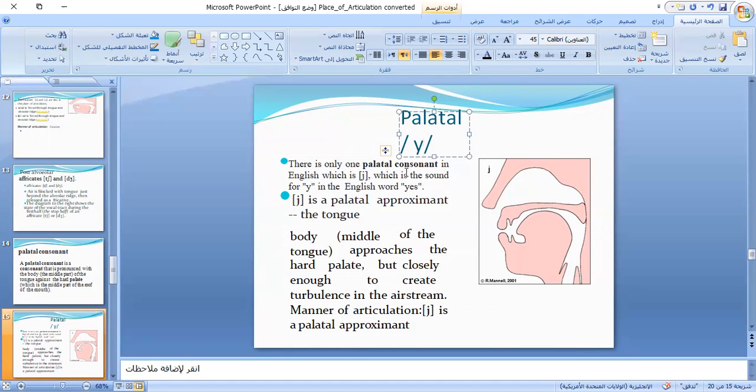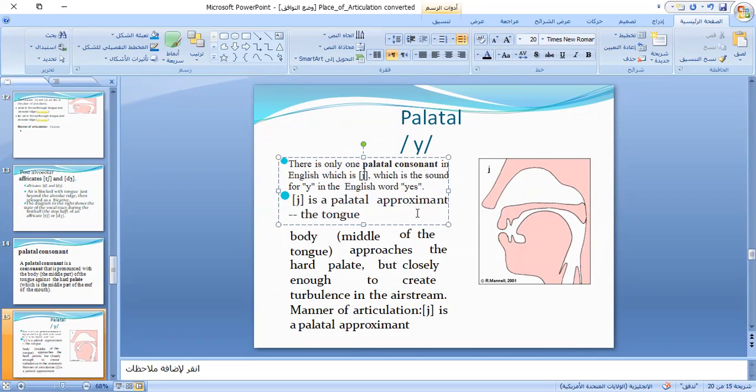There is only one palatal consonant in English, which is ya, the sound for y in the English word yes.